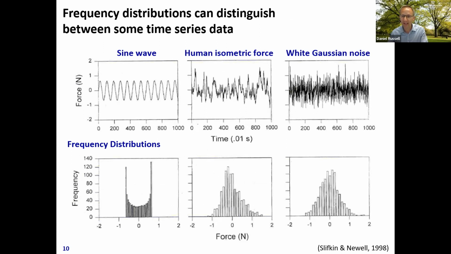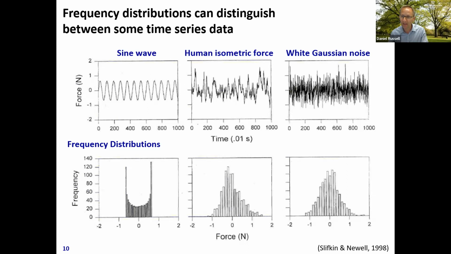And as you can see here, we have 3 signals. The top left is a straight sine wave that's just a created signal, a created time series. The middle one is a human pressing on a load cell with their index finger, trying to produce a constant force. As you can see, we are not very good at producing a constant force. There's a lot of variation in there.